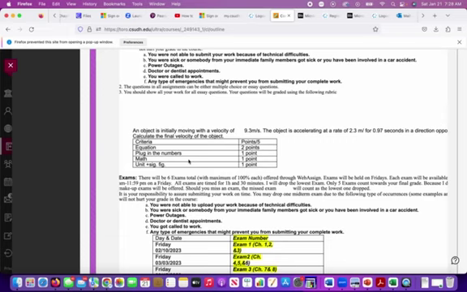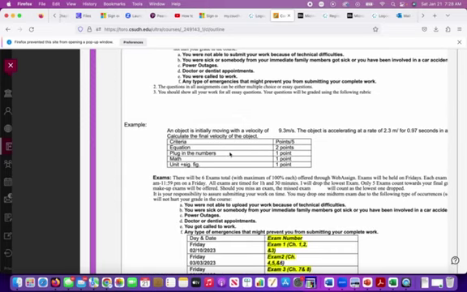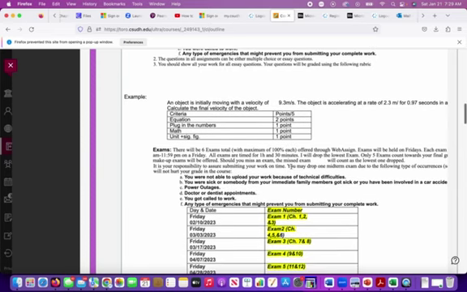The object is accelerating at a rate of 2.3 meters per second squared, for 4.97 seconds, in a direction opposite to the motion. Calculate the final velocity. On a scale of 5, you should provide the equation for 2 points. Plug in your numbers for 1 point, the math 1, and the unit and significant figures 1.